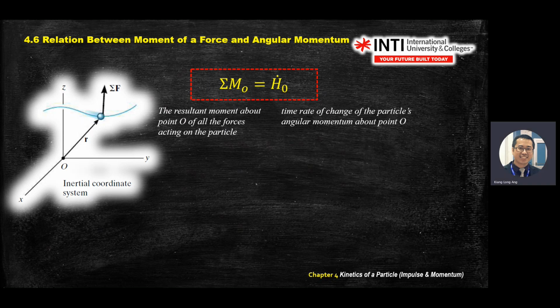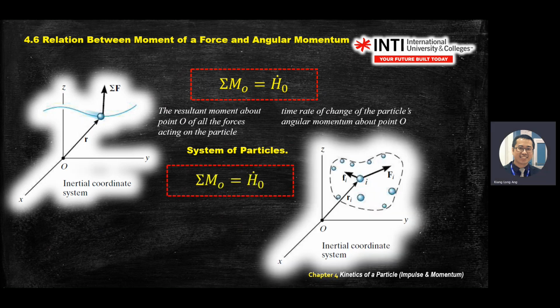By looking at this, there is a new way of solving dynamics problems, by looking at moment and angular momentum. Moment will equal the rate of change of angular momentum. So in your free body diagram, you need to consider the force and the 90-degree direction of your moment, and then the reference point to find the angular momentum.